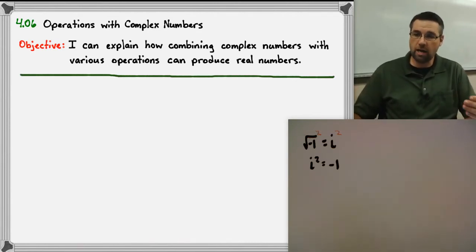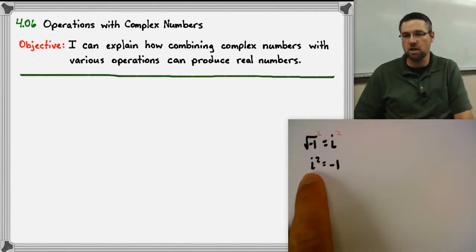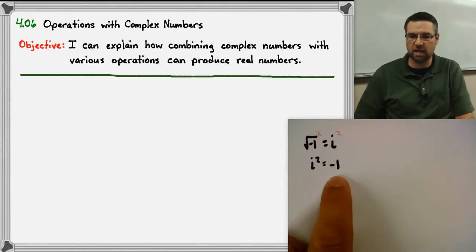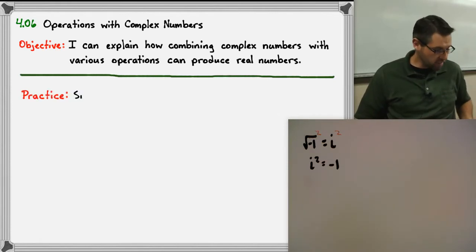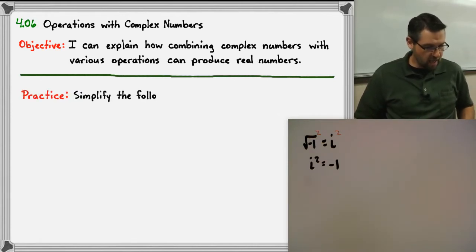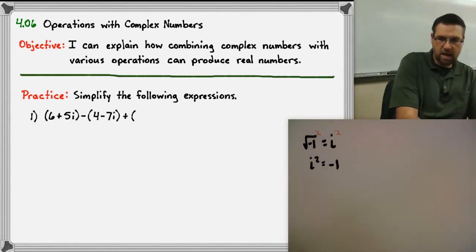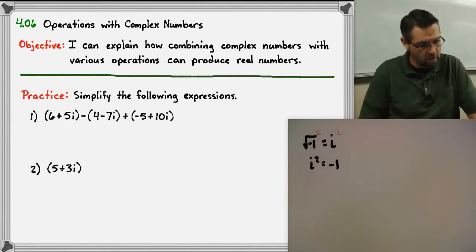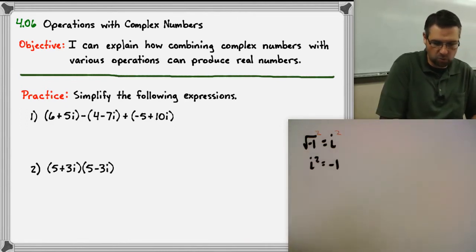There's just one additional thing that you need to remember, and it actually makes the process come out to be very simple, because whenever you see an i squared, you can replace it with -1. So with that said, go ahead and do these two practice problems, just for good practice. And once you're done with them, come back and watch how to do them the correct way, and hopefully your way is the correct way as well.